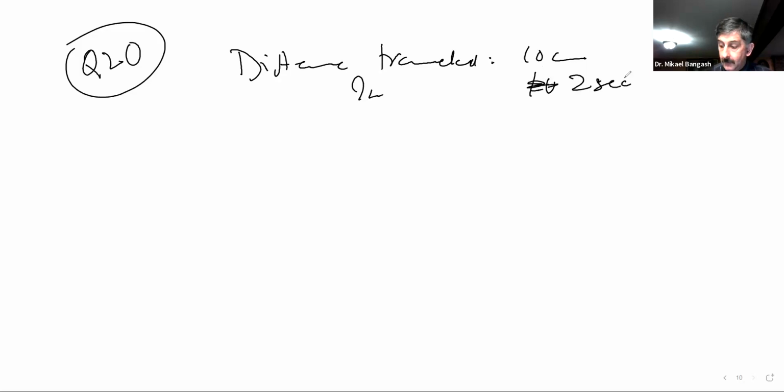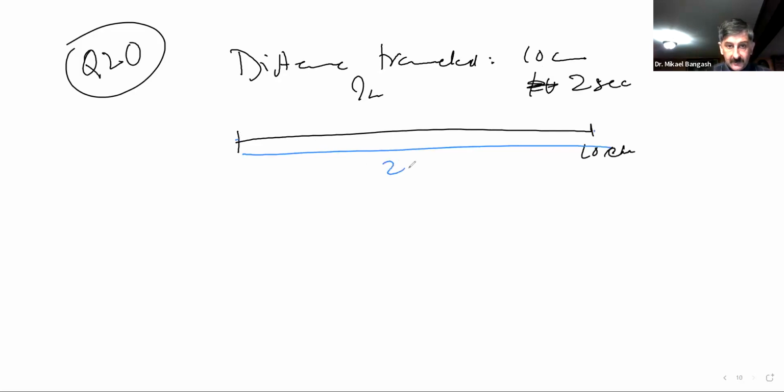And what they just ask you is, what is the speed of this sound here? So if you say that this here was a distance of 10 centimeters and it takes the sound 2 seconds to travel that, what's the speed?